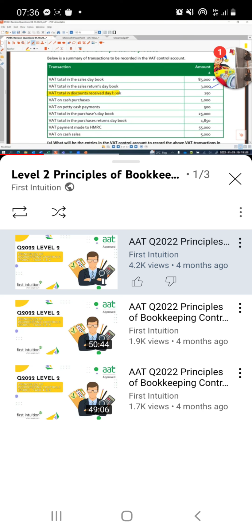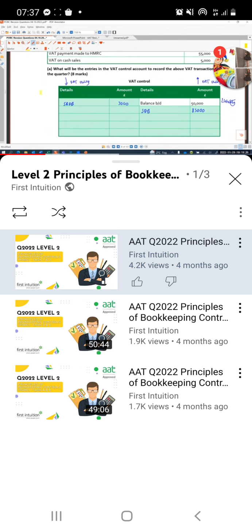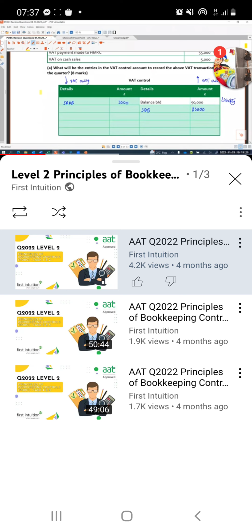Okay, very good question, Linda. What would actually happen in the live assessment is that you would have a drop-down list. So you wouldn't be typing this in freehand. In the live assessment, you would be using a pick list. So the pick list might say sales, in which case that's what you'd pick.